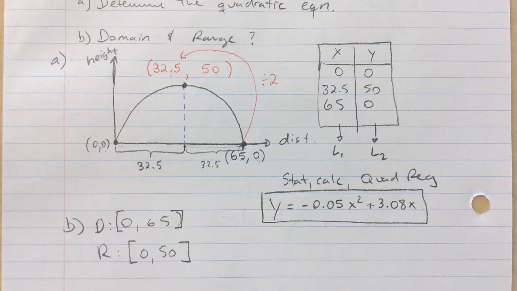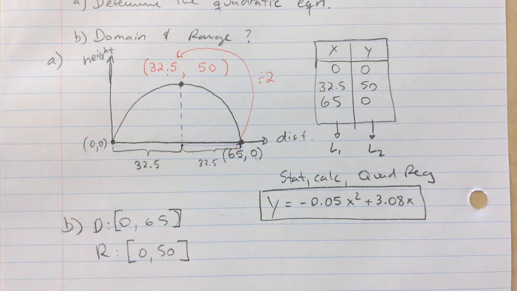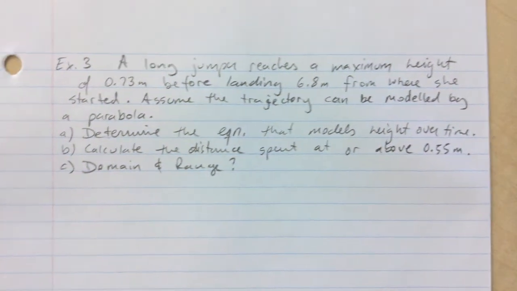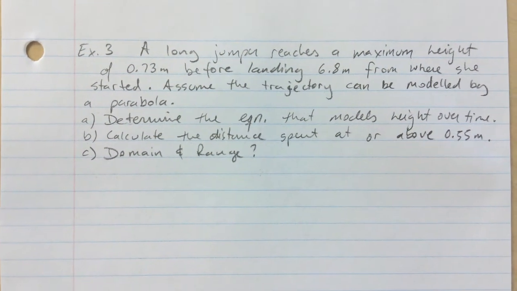Okay. So now I'm going to give you a third example that I want you to try. Let's see if you could, at this point, after 2 examples, figure out how to do this. There it is. So write it down, and it should take you under 7 minutes to do this.